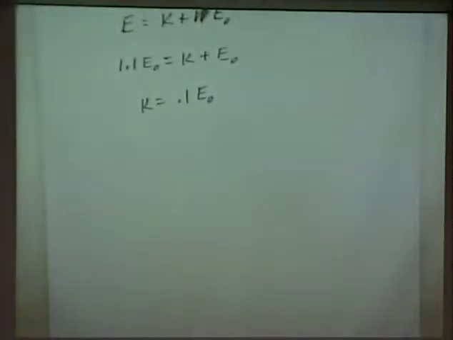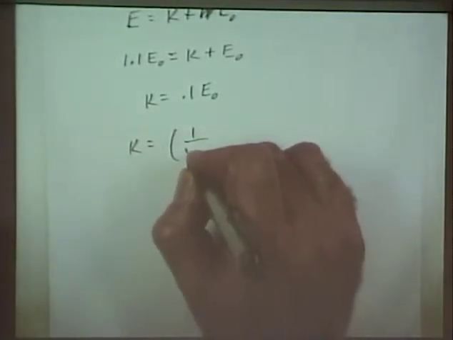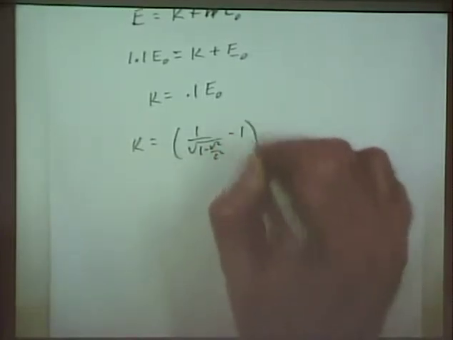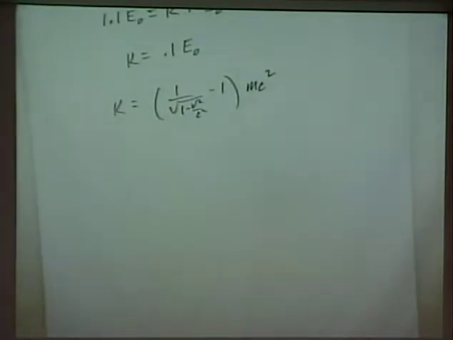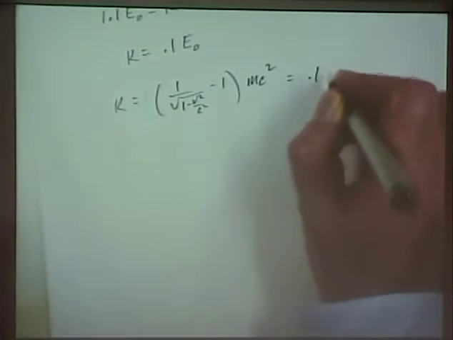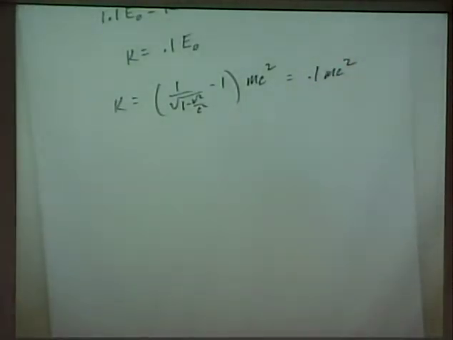Now, like I said, what you want to do is go ahead and do all the algebra first and then plug in the numbers. And we know that K is equal to 1 over the square root of 1 minus v squared over c squared, minus 1, times mc squared. And that's going to equal 0.1 mc squared, because E naught is equal to mc squared.